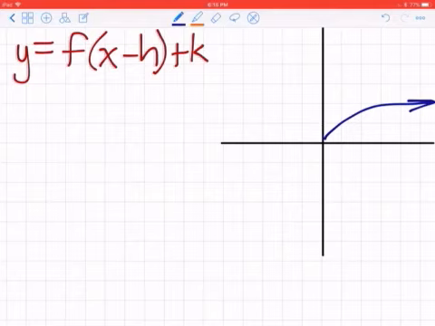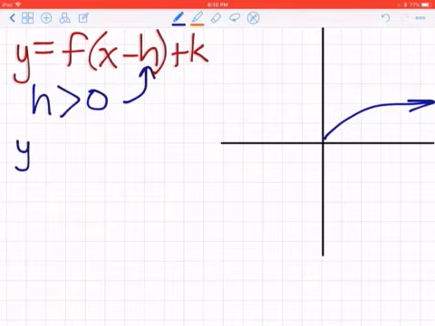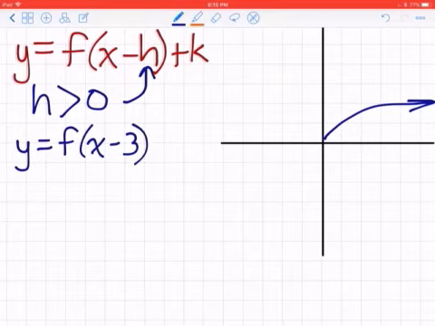But if I look at this and I say that h is greater than 0, h is greater than 0 means it's going to be a positive value. When we sub that number in here for h, the way it's actually going to appear is y equals f at x minus some positive number, right? So x minus, say, for example, 3. Okay?